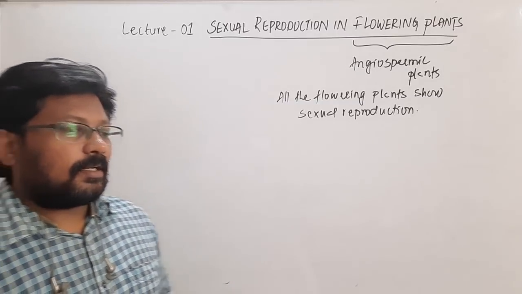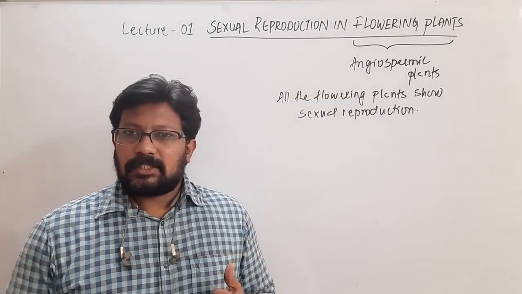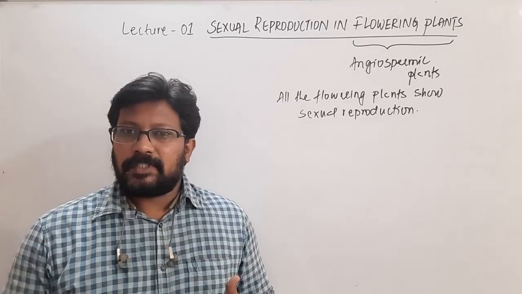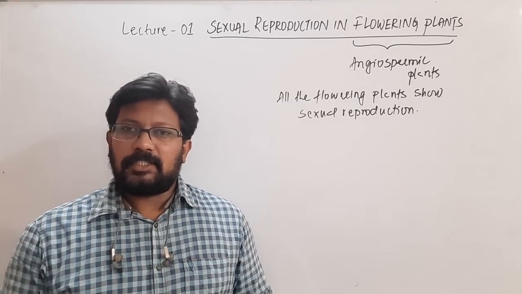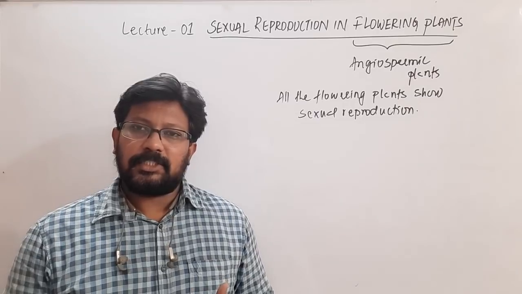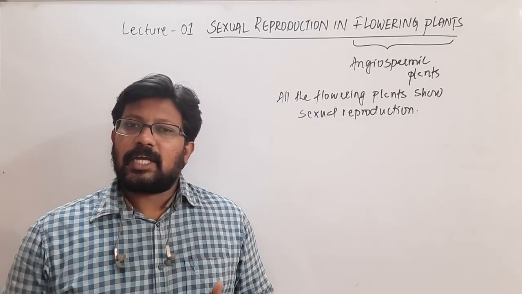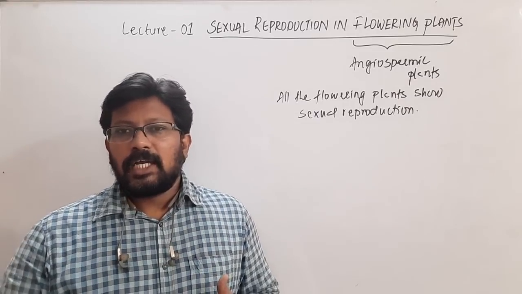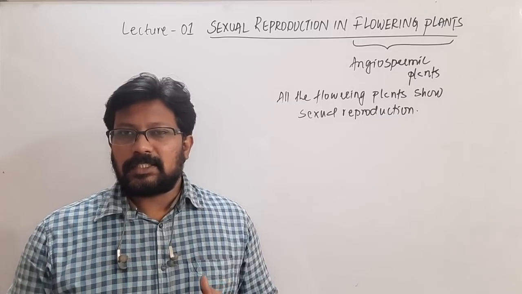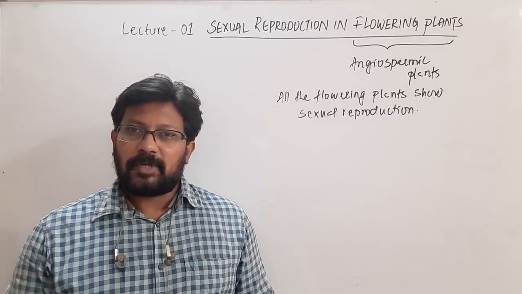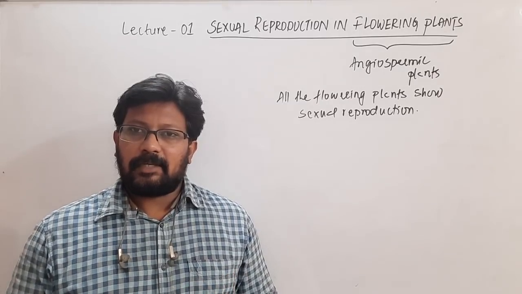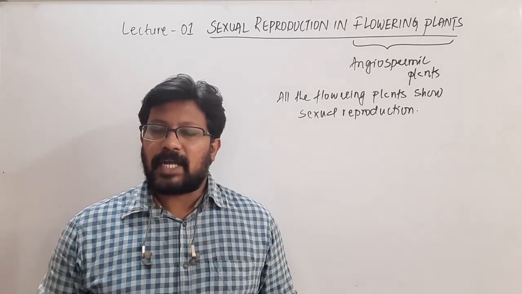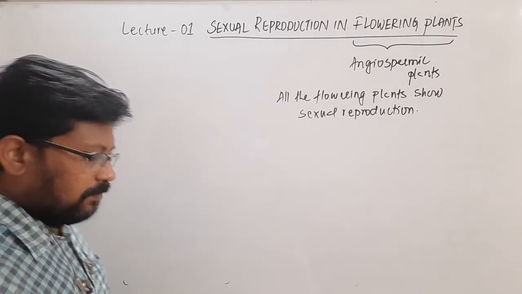And as we studied in the last chapter, sexual reproduction involves three main stages: pre-fertilization, fertilization, and post-fertilization. So here also we will study the same thing. First, we will see the pre-fertilization events, how they take place in these flowering plants, that is angiospermic plants.